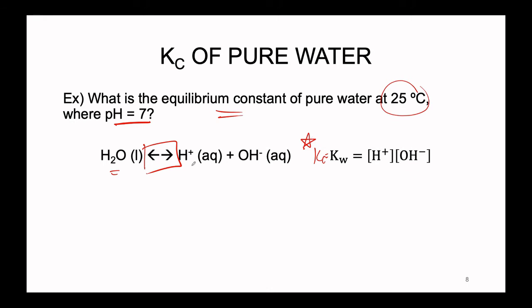Because the reaction we can see here is a heterogeneous reaction, right? We have water that is in its liquid form, and it is breaking into 2 aqueous pieces. When writing the equilibrium expression, where it's going to be a ratio of products divided by reactants, once again, our only reactant is in a liquid phase, which is not something that we ever include in an equilibrium constant.